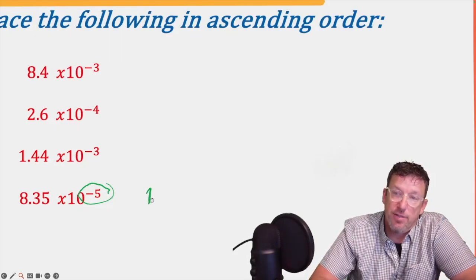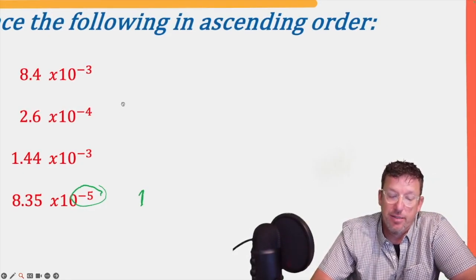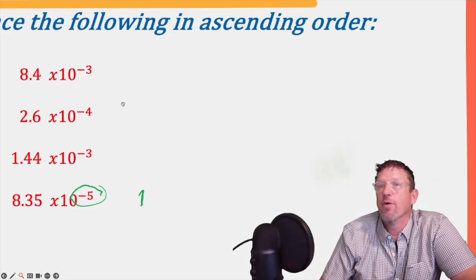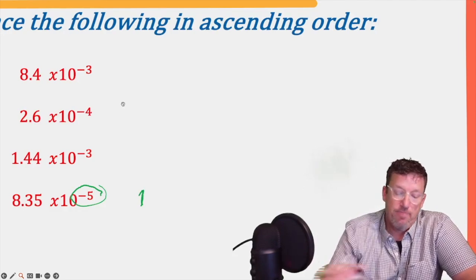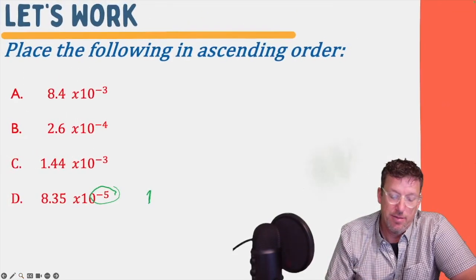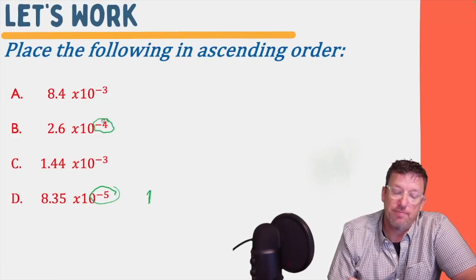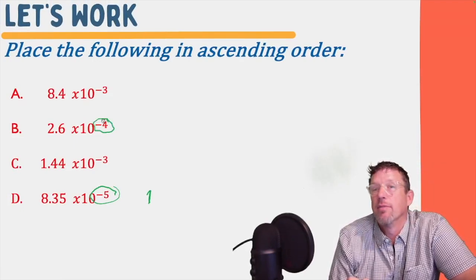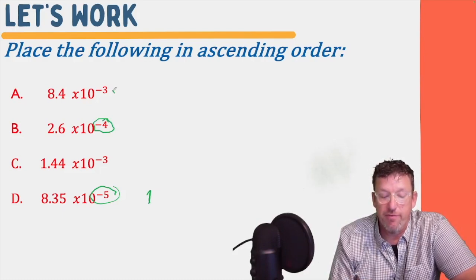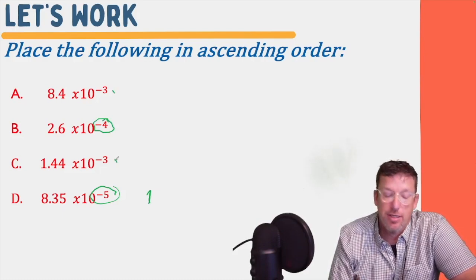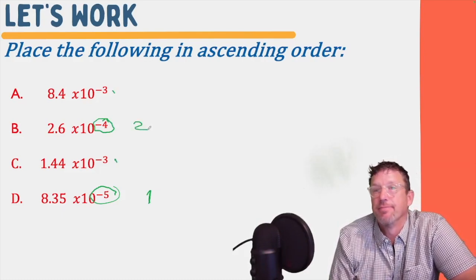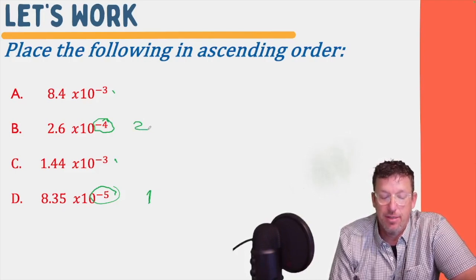And this next one says we're moving it 4 places to the left. If that's the case, that means we are going to have some more zeros in front of it than these 2 that are at -3. So this would be the next smallest one because it has 1 less 0 than these 2.